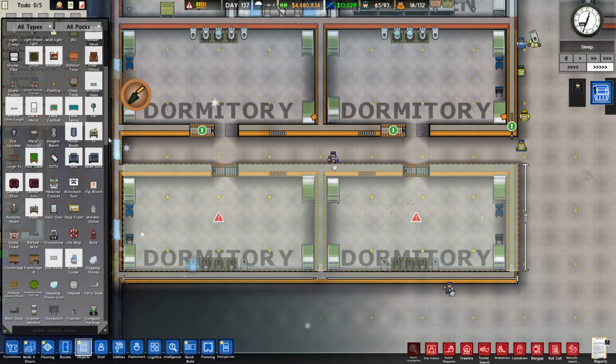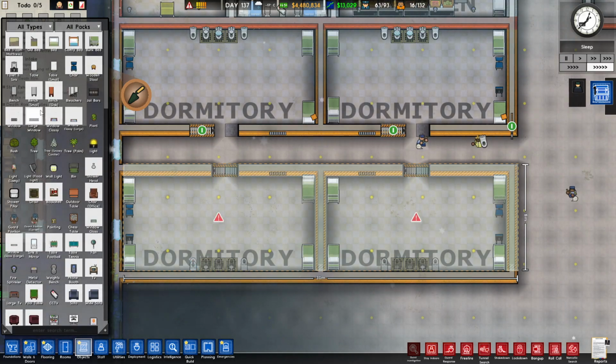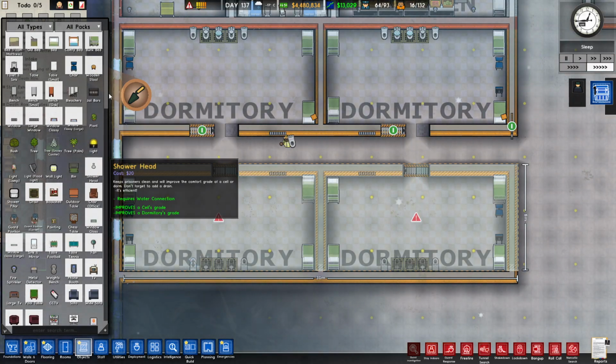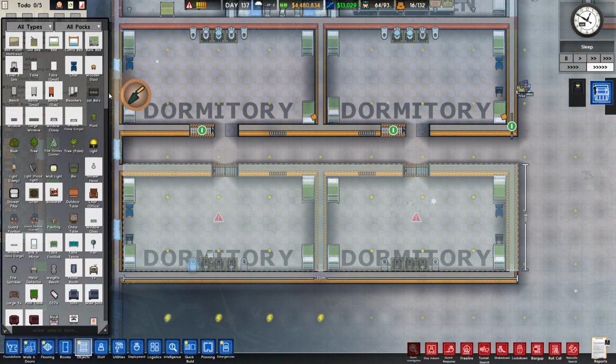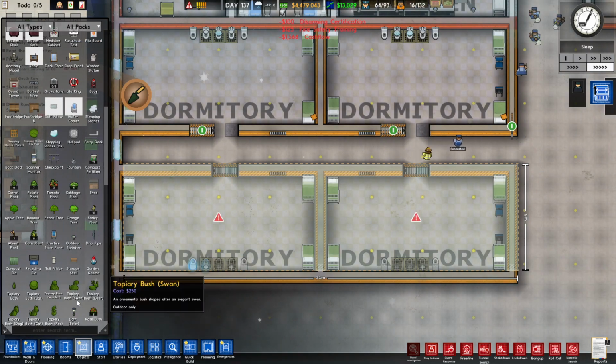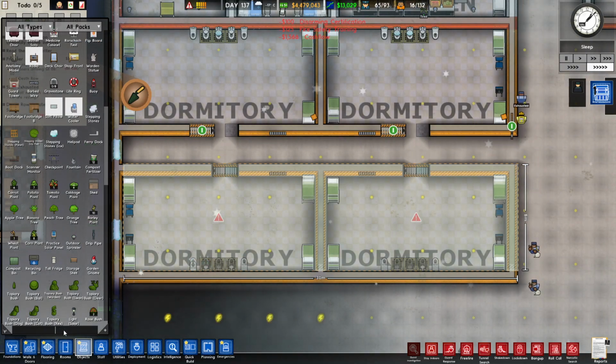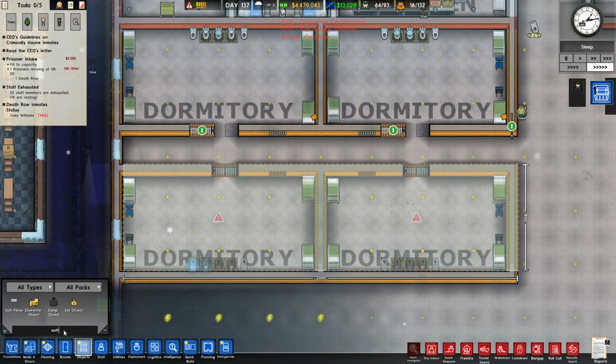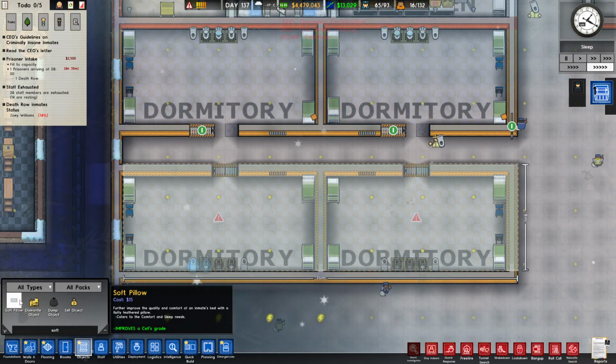The windows, how much did the windows cost? 200. But they got rid of that negative point. We'd have had to get something else. Soft pillows isn't appearing in the list at the top unless you type it in. Like that. 15.